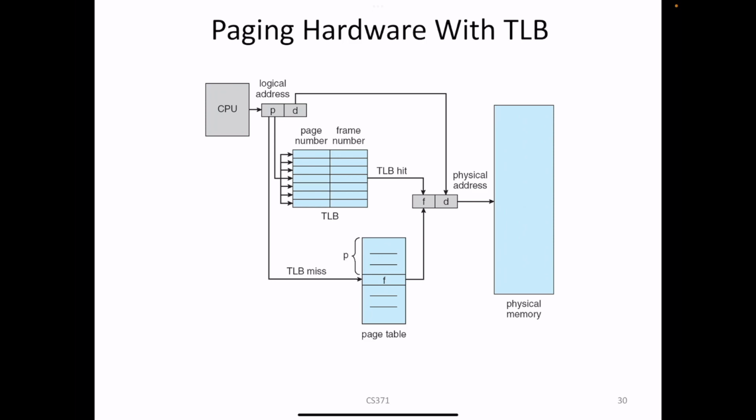If yes, it can directly get the frame for this page number and combine it with the page offset d to get the physical address and access the main memory to retrieve the data or instructions. On the other hand, if a TLB cache miss happened, the page number will be sent to the page table on the main memory to find the corresponding frame, then combined with the page offset d to do the same process.